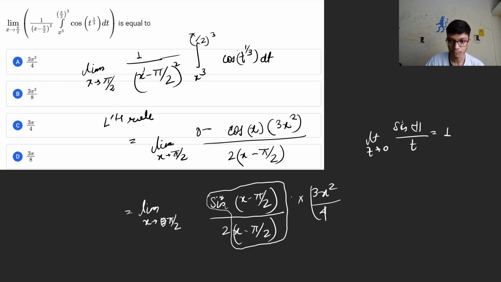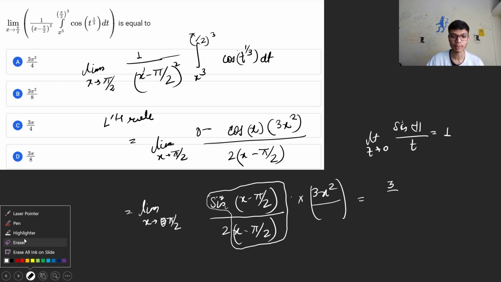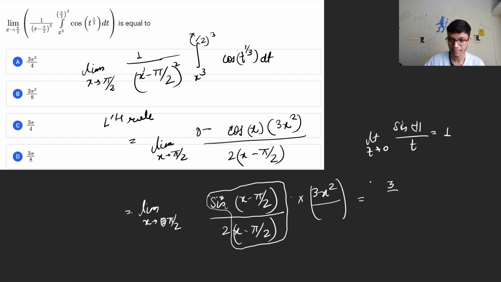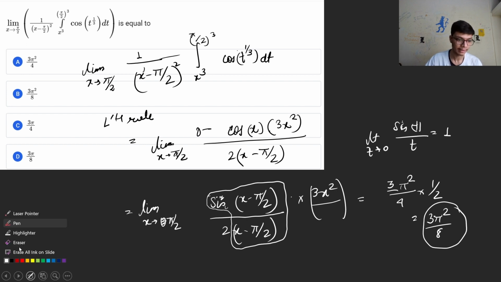Sorry, I'm thinking in advance. Actually, I'm putting x as pi by 2, then x square will be pi square by 4. So that's what I was thinking. So this will simplify the result as 3 into pi square by 4 into 1 by 2, and that is going to be 3 pi square by 8. So the result is going to be 3 pi square by 8, and that is option number B.